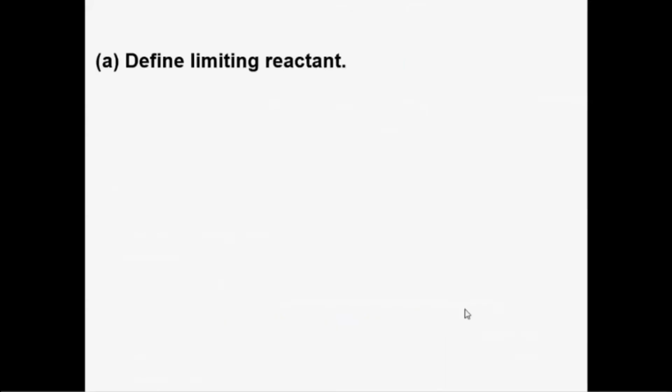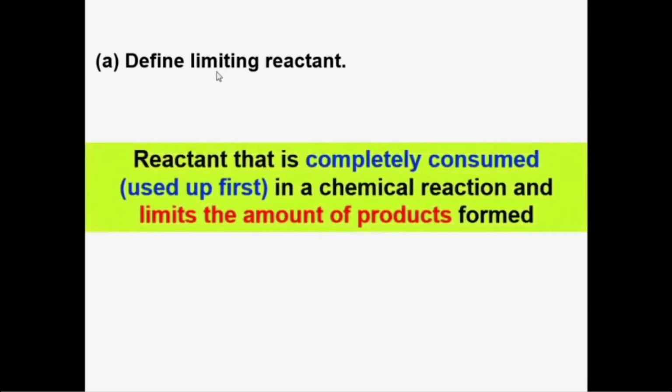Okay, so once again, what is the definition of limiting reactant, guys? Limiting reactant is defined as the reactant that is completely consumed or used up first, or we can say that it finishes completely in a chemical reaction.